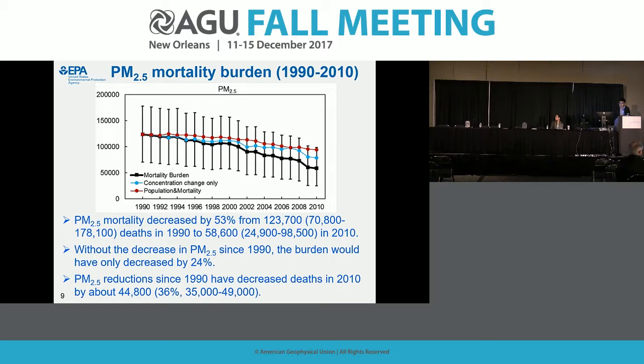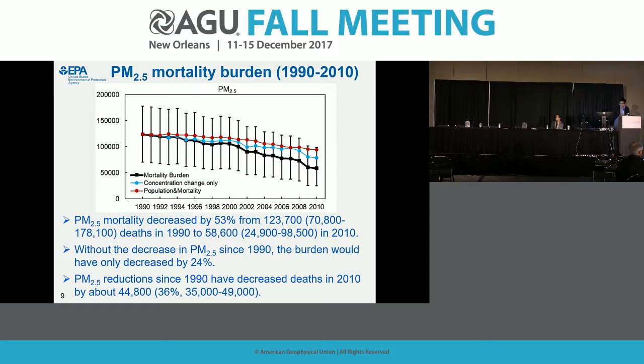Then we did some sensitivity analysis by accounting for concentration changes only, shown in the blue lines, and by not accounting for any change at all from 1990, shown in the red lines. The conclusion from these two sensitivity analyses is that without the decreases of PM since 1990, the mortality burden would only decrease by 24%.